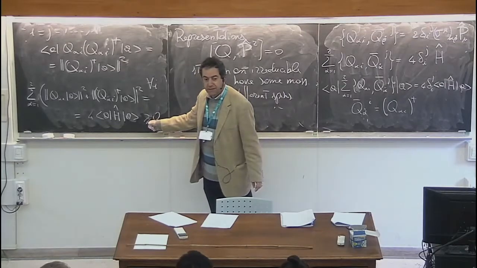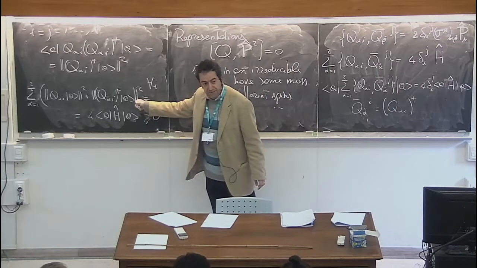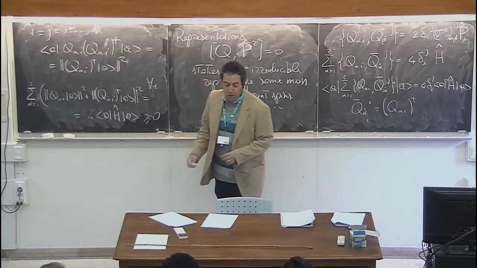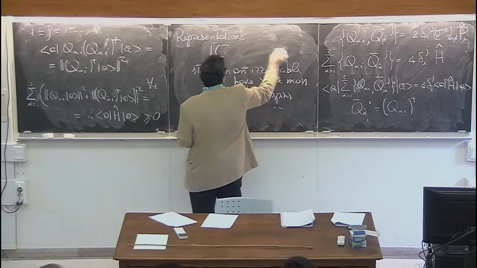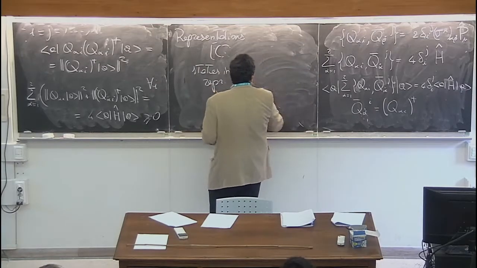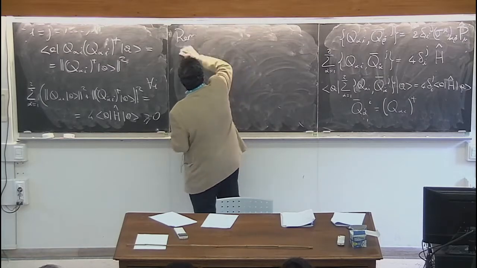In general it is greater than 0 or at most equal to 0, but not negative. So this gives us a principle of positivity of energy. If our theory has an underlying super Poincaré symmetry, the energy of any state has to be positive.